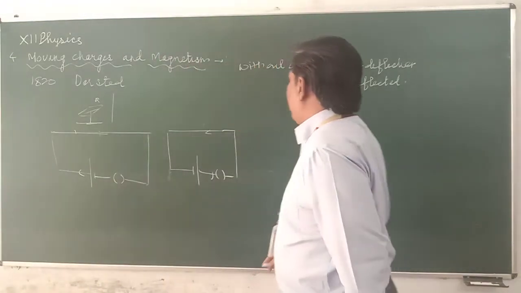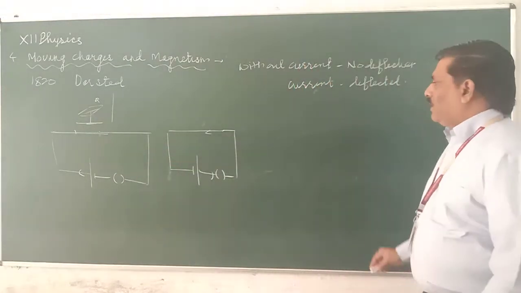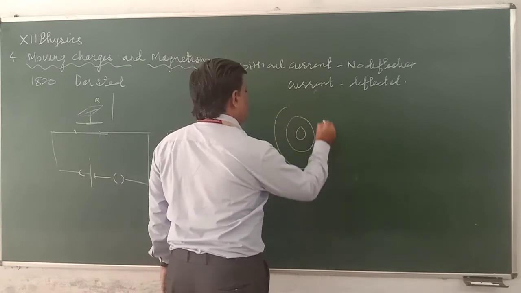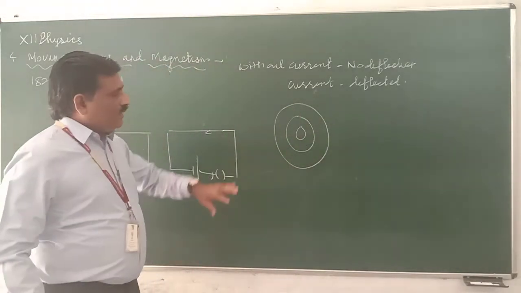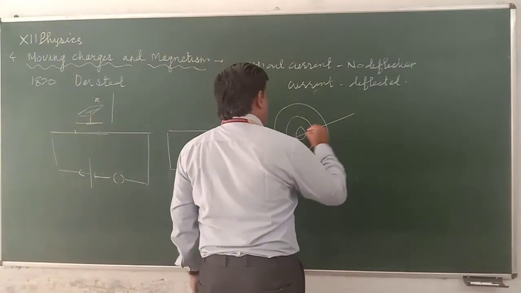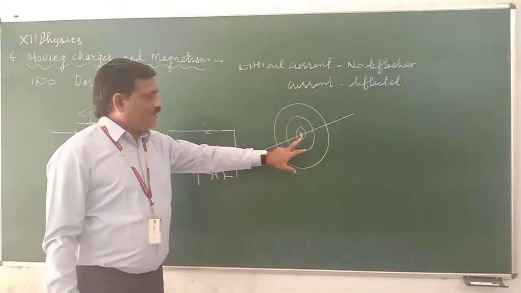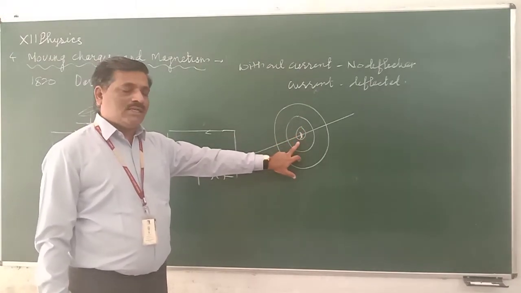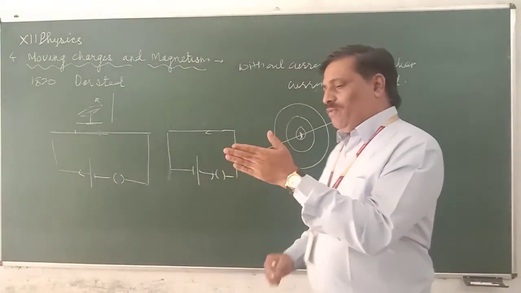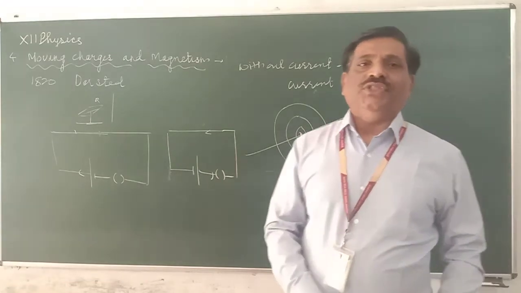Another thing, when iron filings were sprinkled around, they were arranged in circular fashion. They were arranged in concentric circles in such a way that the wire is at the center of all these circles and perpendicular to their plane. So, the current carrying wire and the magnetic field produced are perpendicular to each other.